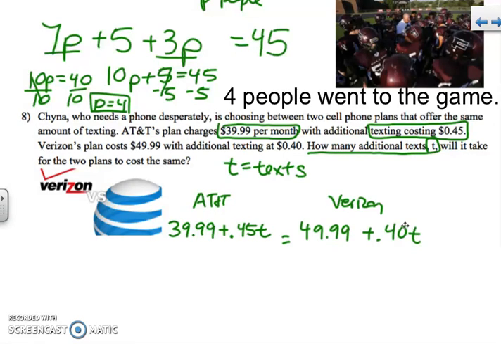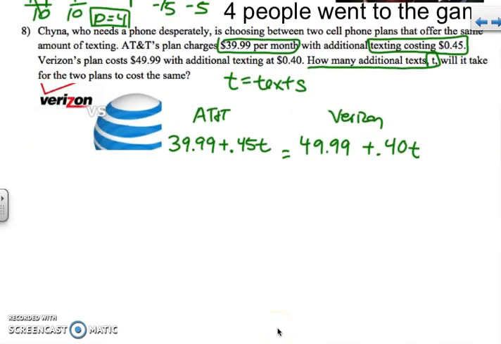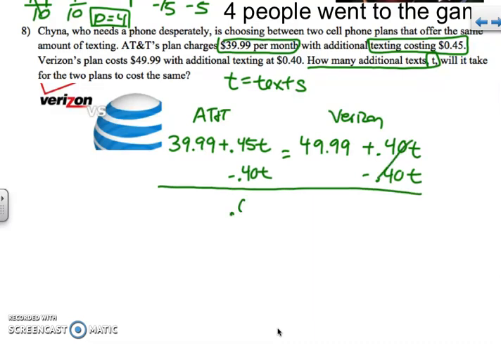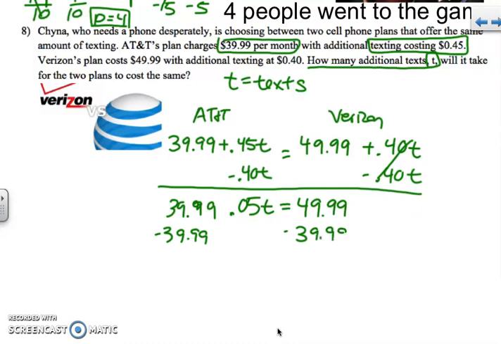So now variables on both sides problem. I'm going to subtract .4T on both sides. So this will give us 0.05T, bring down $49.99, bring down $39.99, and subtract. So 0.05T is going to equal 10.